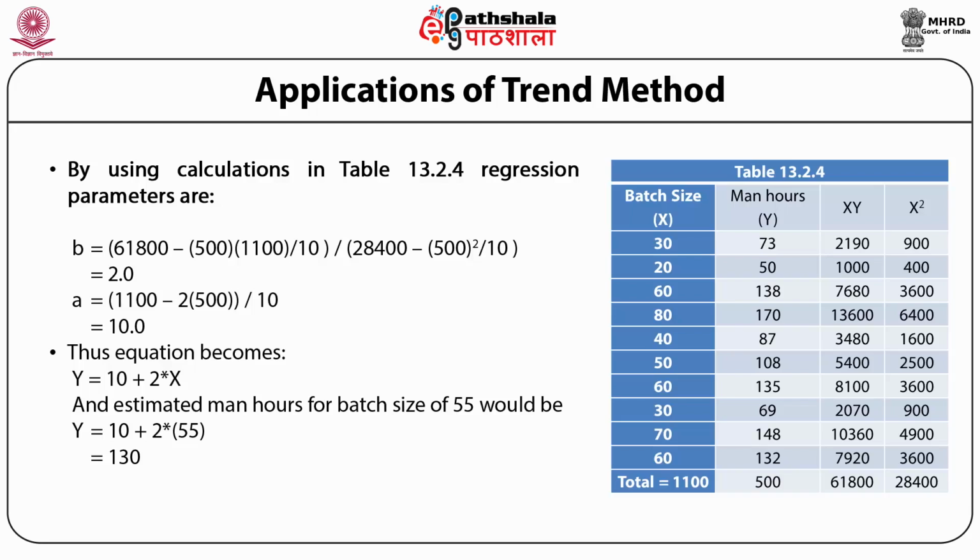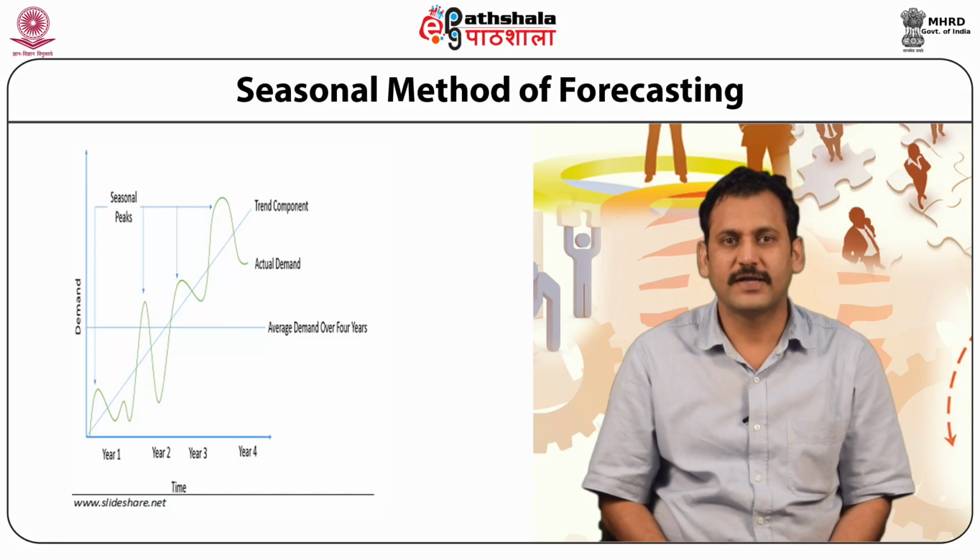By putting these values in the regression equation, the equation becomes y = 10 + 2x. The estimated man hours for a batch size of 55 can be predicted by using this equation. In the above equation, x would be replaced by 55, which is the independent variable. So the estimated man hours for a 55 unit batch size would be 10 plus 2 into 55, and the answer would be 130 man hours. Now we will discuss the seasonal method of forecasting.